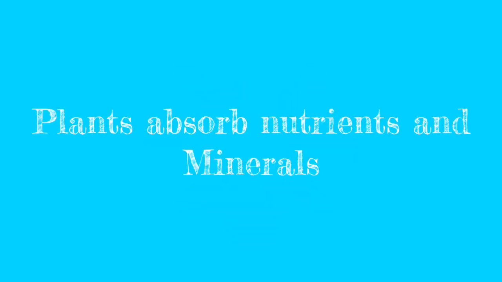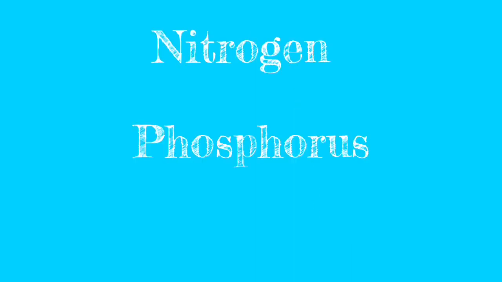So now we know a lot about photosynthesis, right? But now I also said that plants absorb nutrients and minerals from the soil along with the water. So what types of minerals? Nitrogen, phosphorus, and potassium. Now, why them?